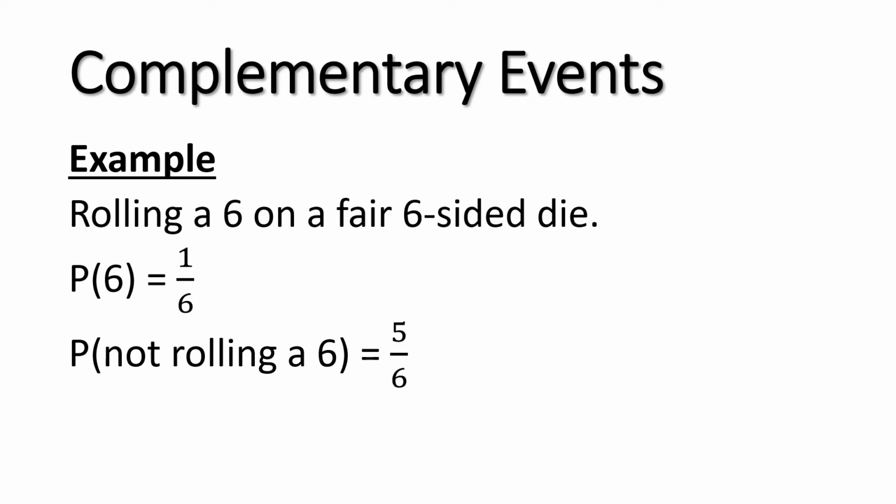So that's 5 out of 6 possible outcomes. And the 2 events add up to 1 because 1 over 6 plus 5 over 6 equals 1. So when you're looking at complementary events, the probability of the event happening and the probability of the event not happening adds up to 1.